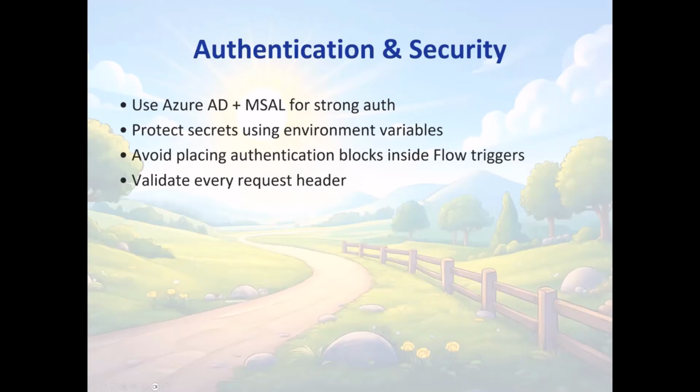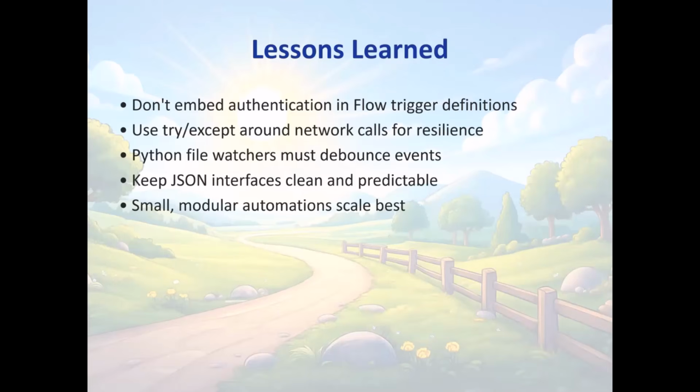Then let's see. Yeah, that was that. Lessons learned, same thing: don't embed authentication in flow trigger definitions. Add try-catch blocks on both sides, not only in Python, but also in your flows, using the concept of scopes, try-catch-except.